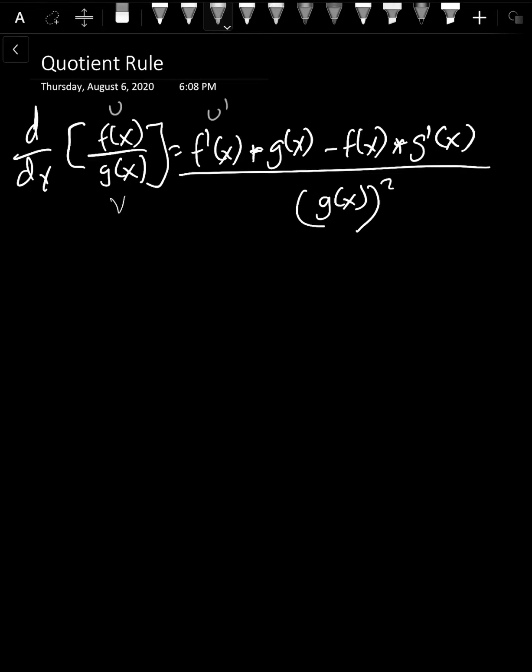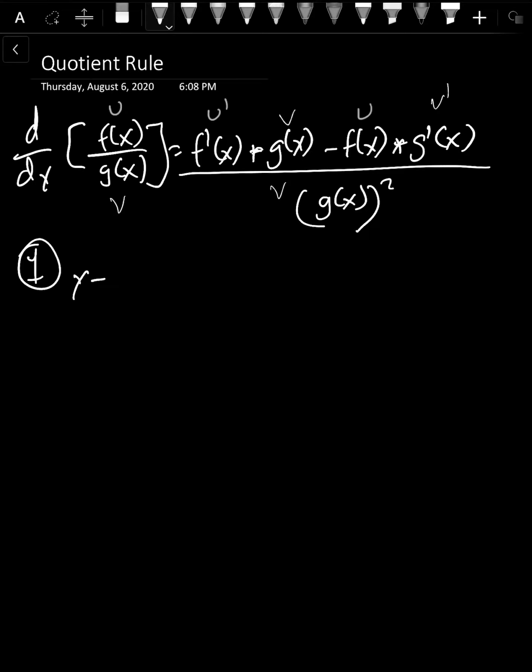Let's do the same thing with the rest. F prime of x is going to be u prime, g of x is b, f of x is u, and g prime of x is b prime. Same thing with this one on the bottom, g of x is b, right?